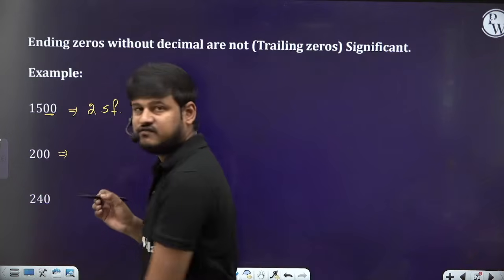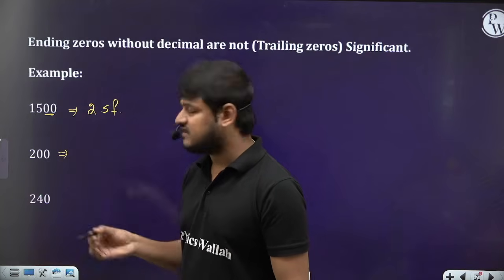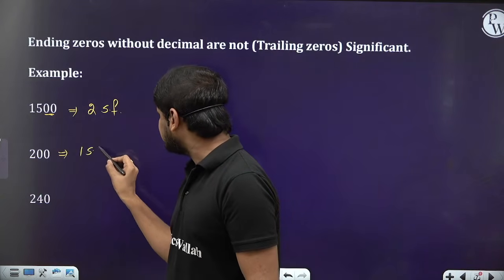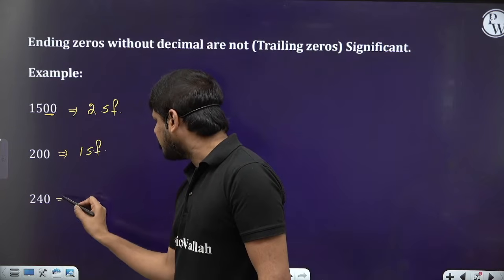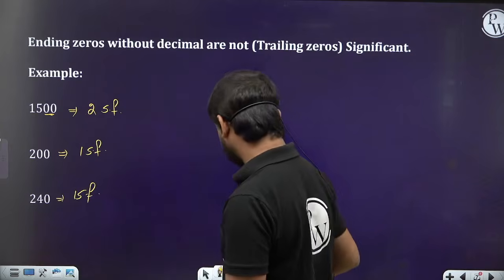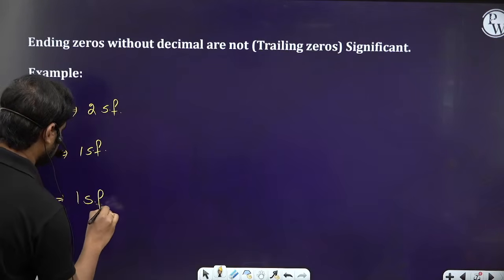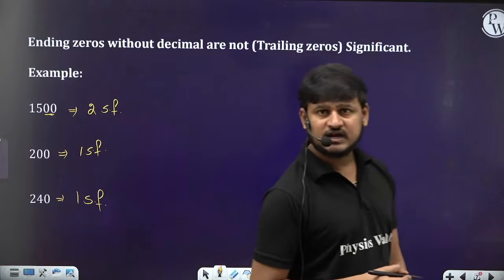There is no decimal, so without a decimal the end zeros are insignificant. So one significant figure. Whereas here, 240, only one significant figure. Done this part? Clear? Understood?